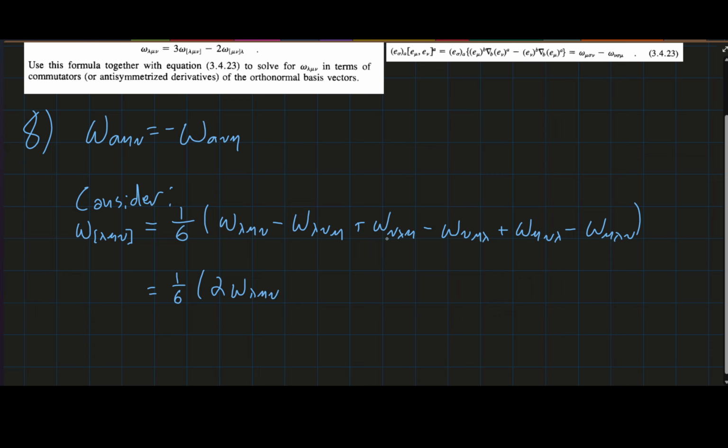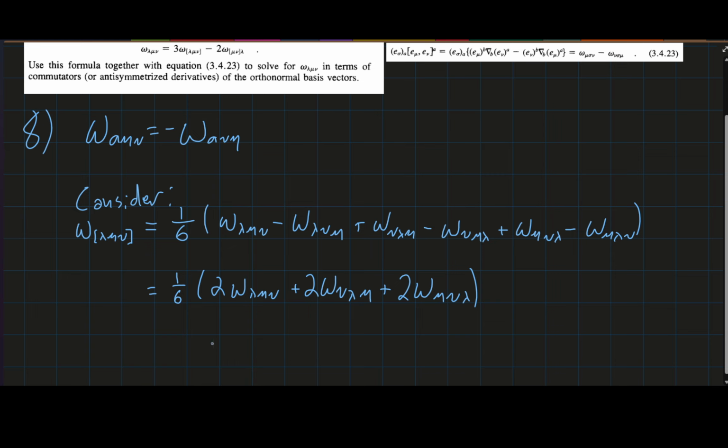And for each term, we get a similar thing. These two that start with nu, we can group together as 2 omega nu lambda mu, and for the last pair as well, plus 2 omega mu nu lambda.